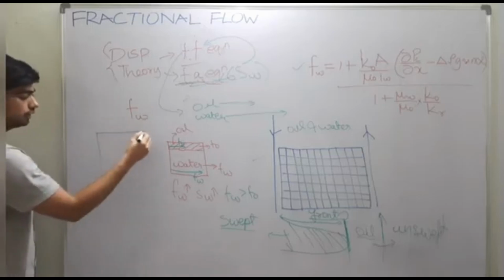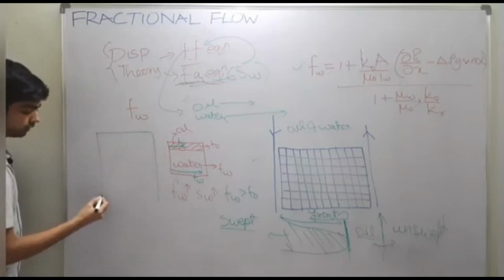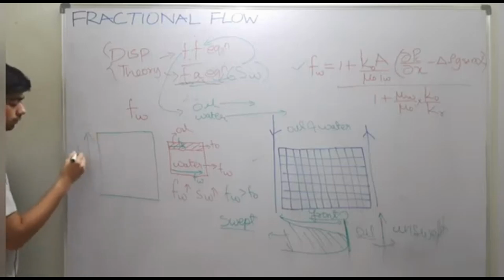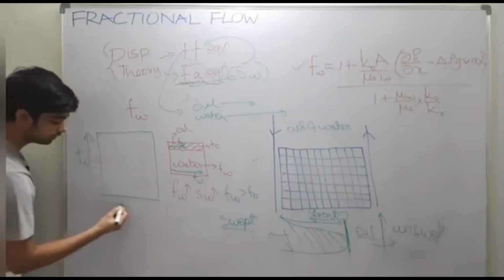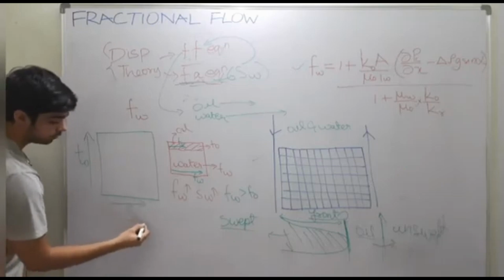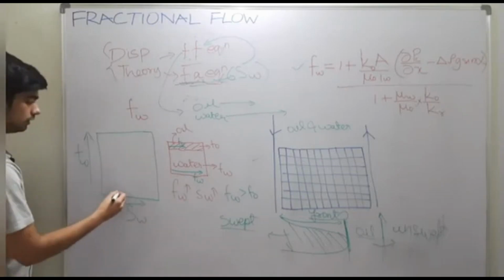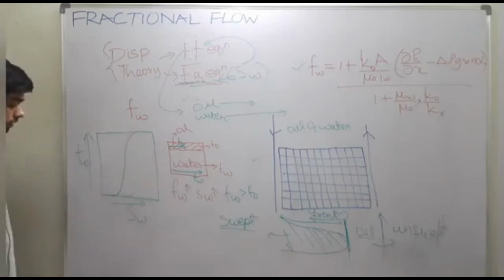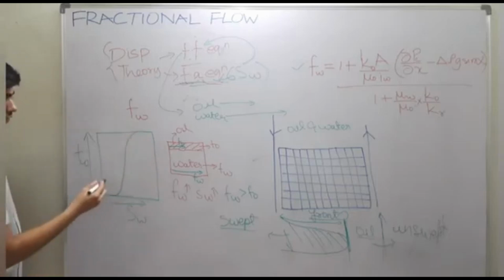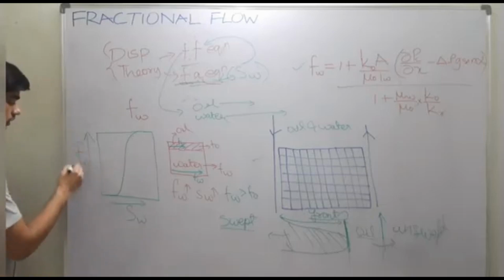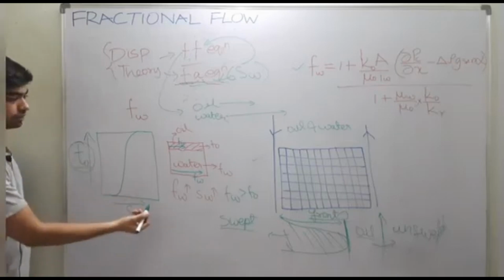Now let us talk about fractional flow again. In order to calculate fractional flow, we do laboratory experiments and we make this plot. We perform laboratory experiments on core samples and we obtain this fractional flow curve. By obtaining this curve, you can know the fractional flow value at each and every saturation.